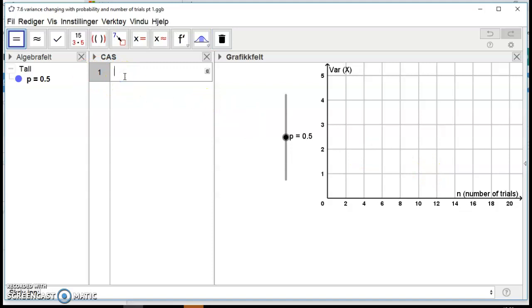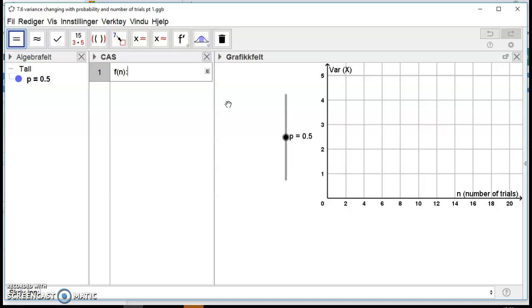Our variance function, we'll just call that f for now. And the variable that we want to use here is going to be n, which is the number of trials.